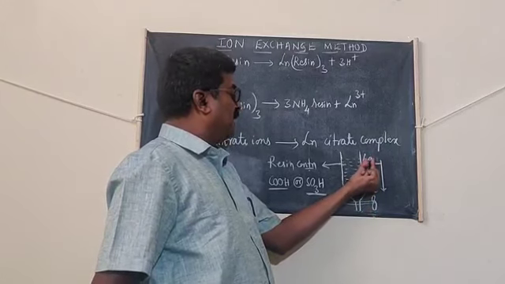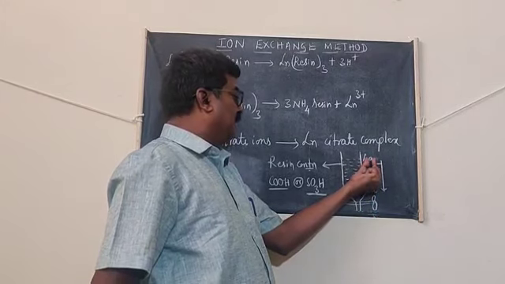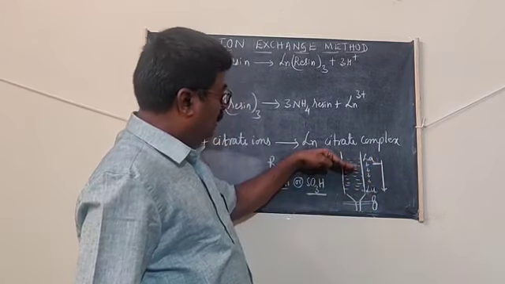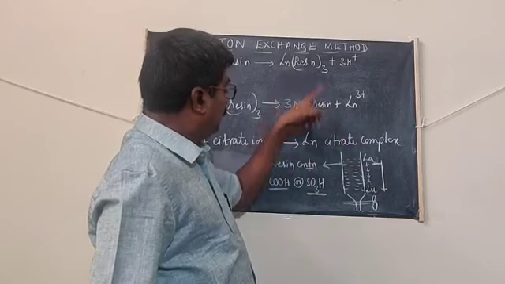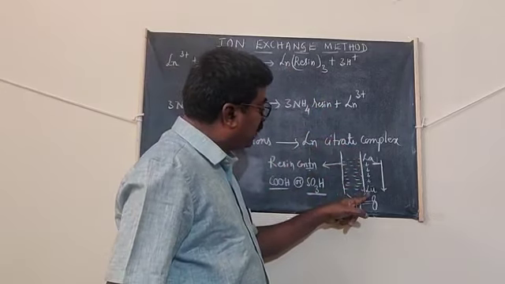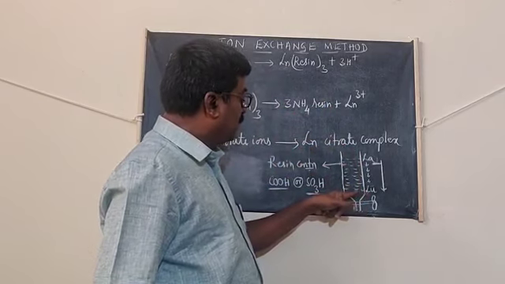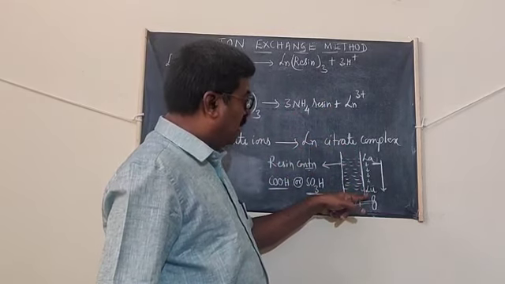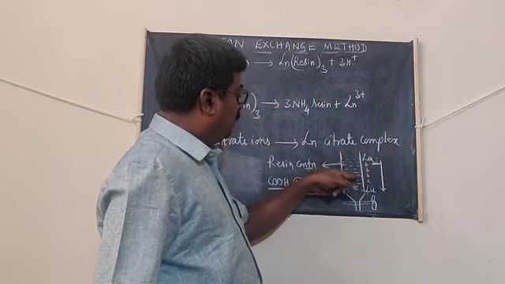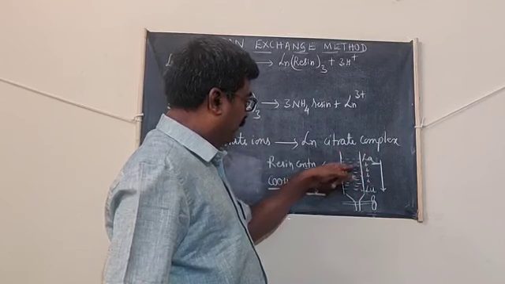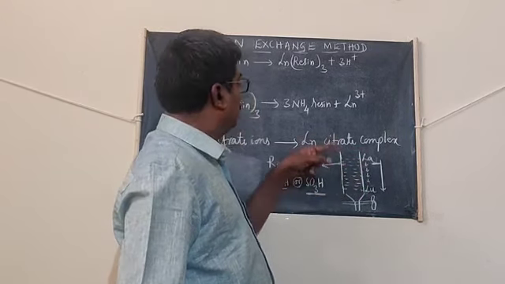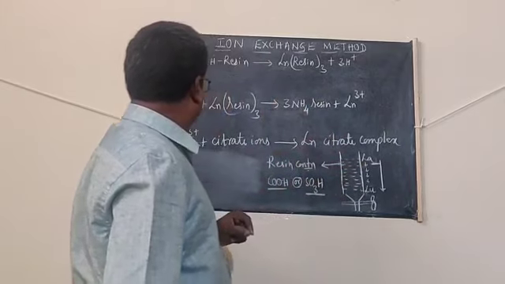The hydrated lanthanum ion has the largest size and binds to the chromatographic column at the top, and the lutetium ion binds to the synthetic resin at the bottom, and the other ions bind to the resin at different portions of the chromatographic column.